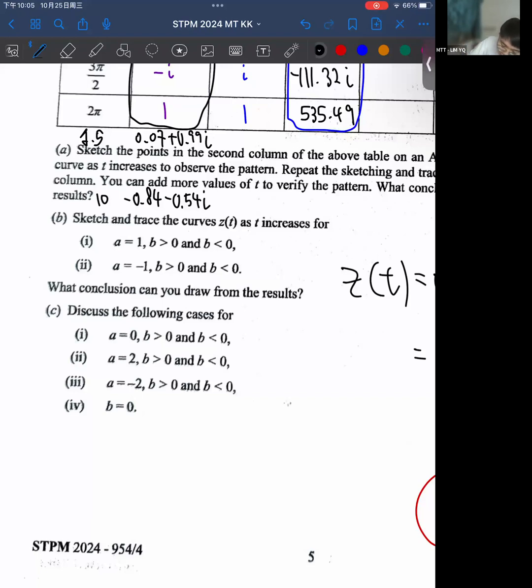Let's say if I want to discuss A equal to 0, B greater than 1, I can set A equal to 0, B equal to 1. I substitute inside the formula, then generate your table, and then plot by your own. Don't be lazy, use your calculator to check your answer whether correct or not. For all of these, parts I and IV, you may check by your own.